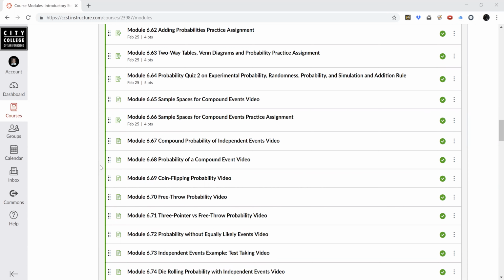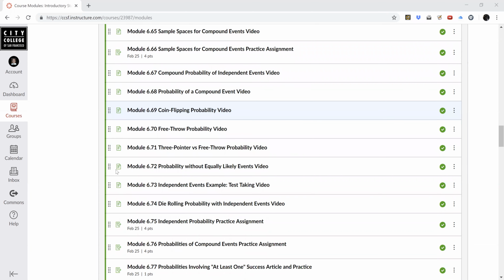Khan Academy uses examples about coin flipping and some examples from basketball, but probability theory can actually be used quite extensively in business for financial analysis. It's also used, for example, in weather forecasting, and of course, it's used very extensively in gambling. So you will be learning something about gambling as well in this section of the course.